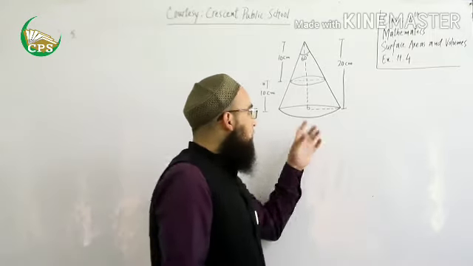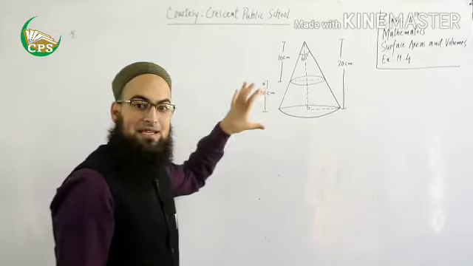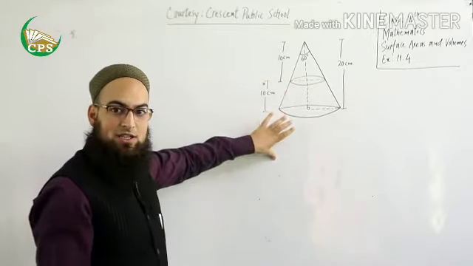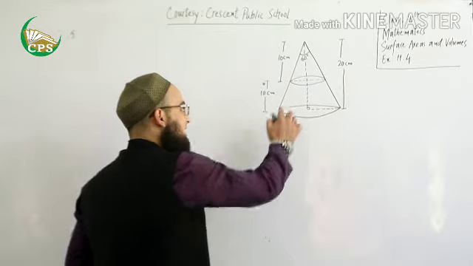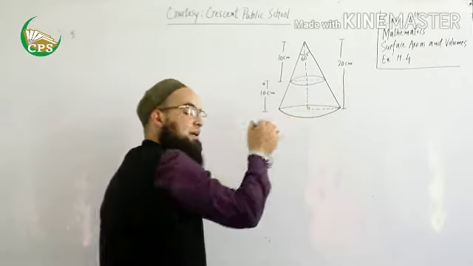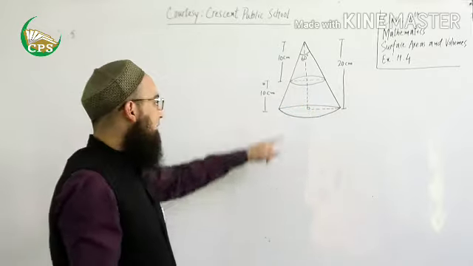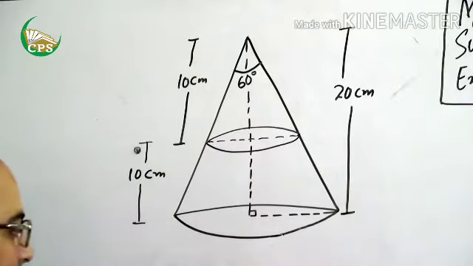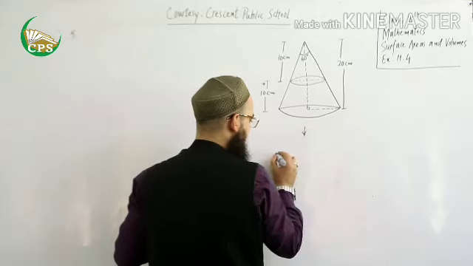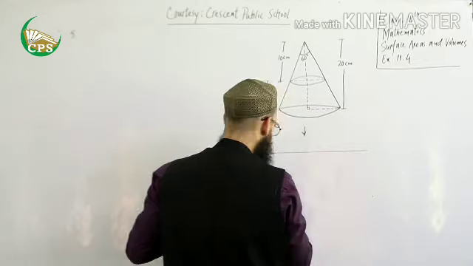Now, since this is a metal, and you know metal has a property of ductility, that means this frustum can be drawn into a wire.